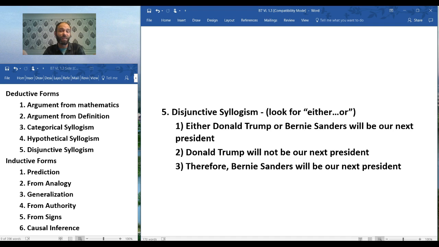And that means it's actually a good deductive argument, or at least has one type of goodness that we'll talk about later, which is validity. So for disjunctive syllogisms, look for an either-or statement, and then the next statement should either confirm or deny either the either or the or part, and then conclude with one or the other.